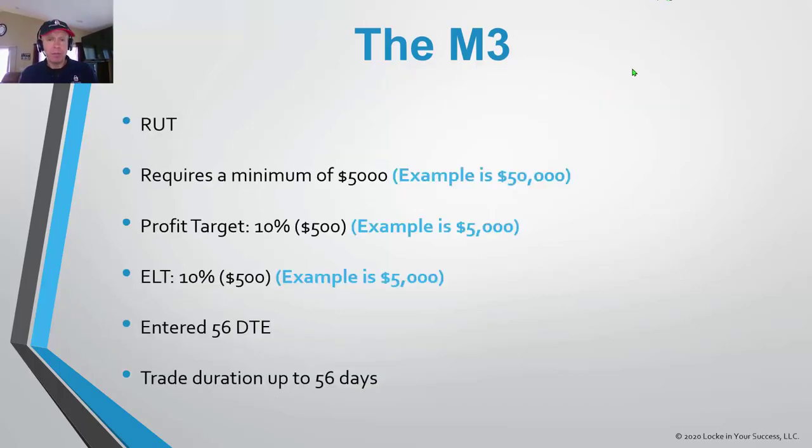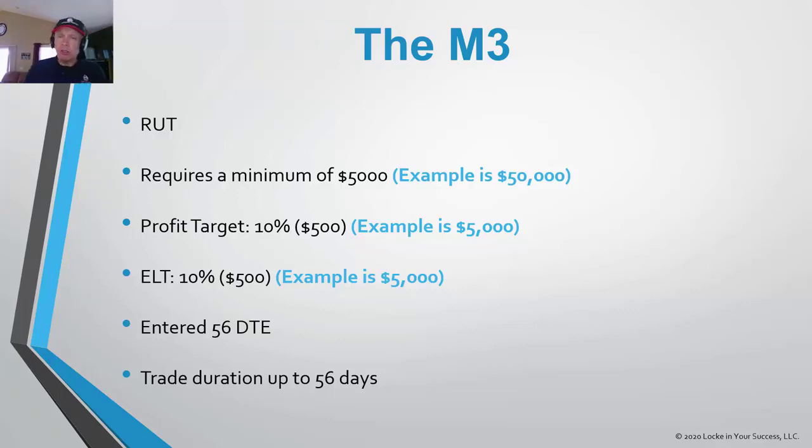So let's move on. The M3 is a strategy that we trade on the Russell 2000. It requires a minimum of $5,000 to trade. The planned capital in the example we're going to use is a $50,000 planned capital level. The trading strategy itself has a profit target of 10%, so in the example, we're going to have a $5,000 profit target.